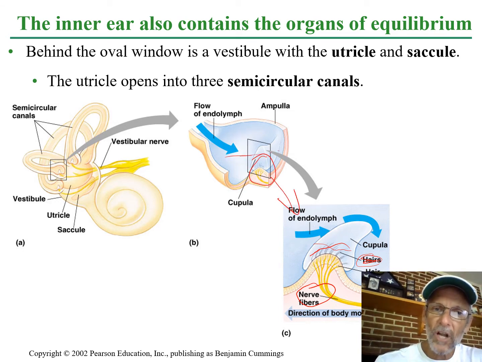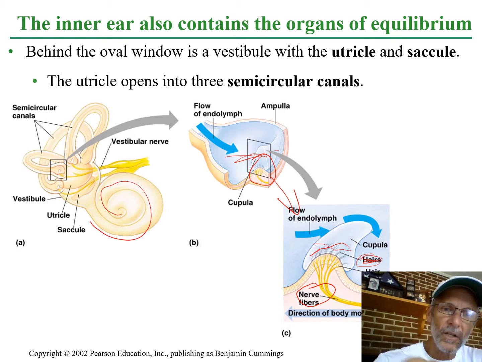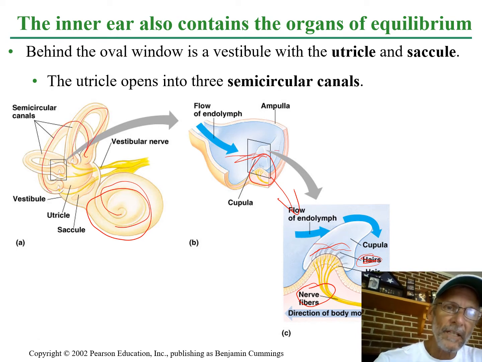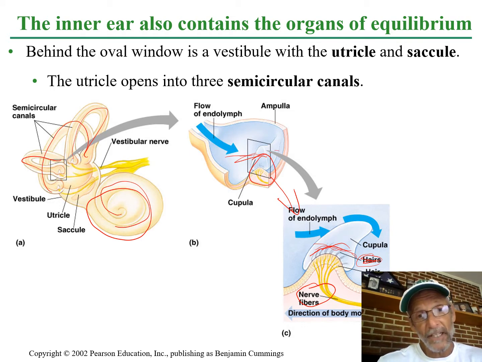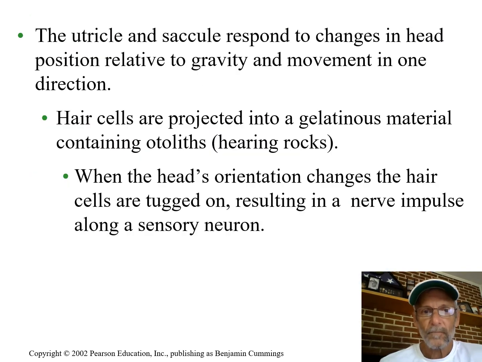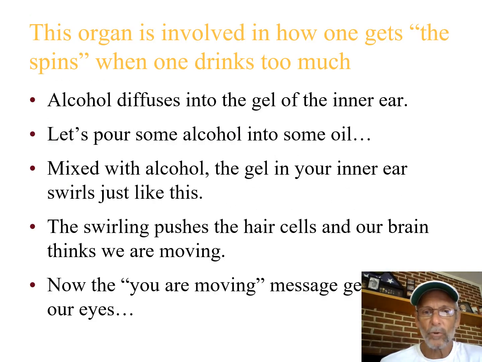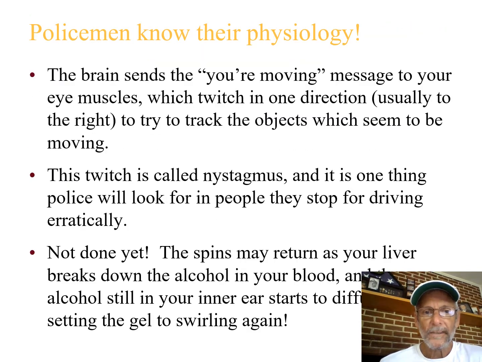The fluid sloshing around in these chambers, which involve this circular thing, these semicircular canals. In different places in both of those, these nerve fibers will be triggered by bending this way or that way, depending on which way your head is bending, because they're up in your inner ear in your head.